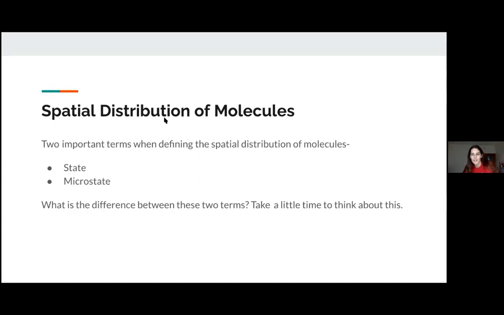So take 20 to 30 seconds and think about what a state is and what a microstate is and how they are different, especially with regards to entropy. Then you can either send something in the chat or unmute yourself. I'll try and get access to the chat. So just spend 20 seconds thinking about that.